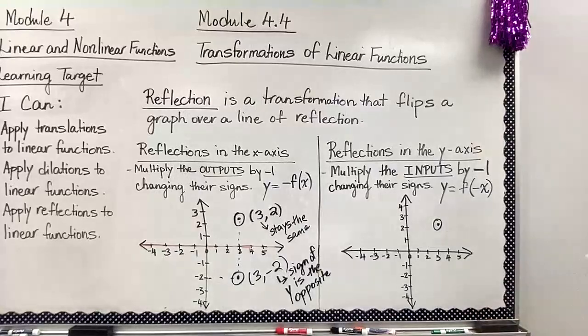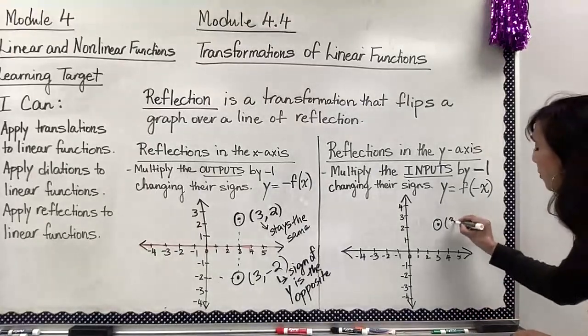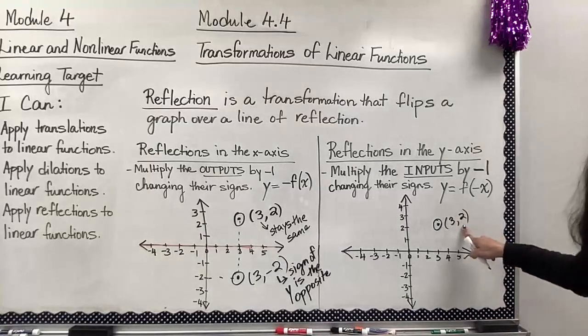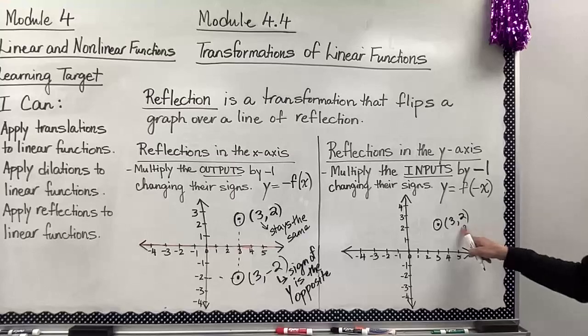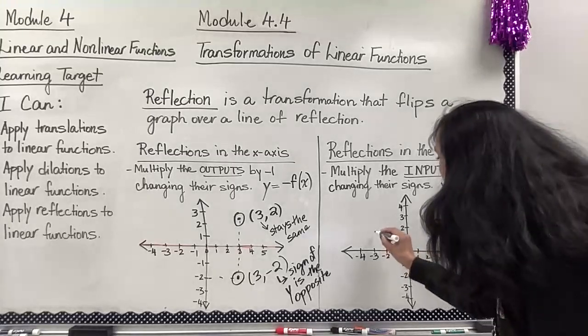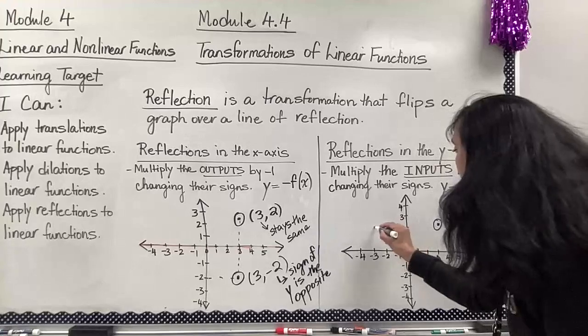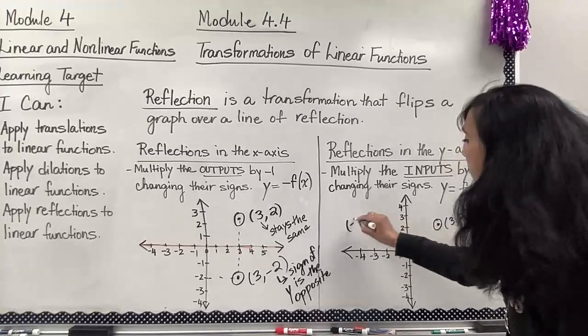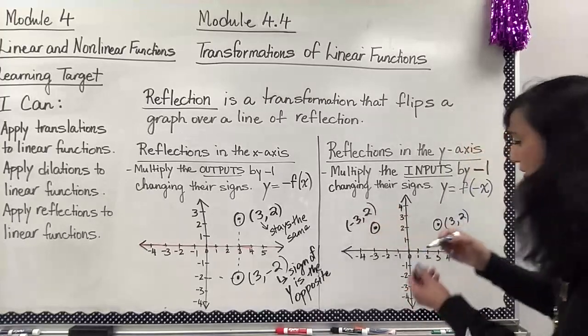So in this case, if I have 3, 2, guess what? 2 is going to stay the same because that's my y. And what is the reverse of 3 is negative 3. So I am going to go here and here. So this is my reflection, and see what has happened. This has become negative 3 and 2.